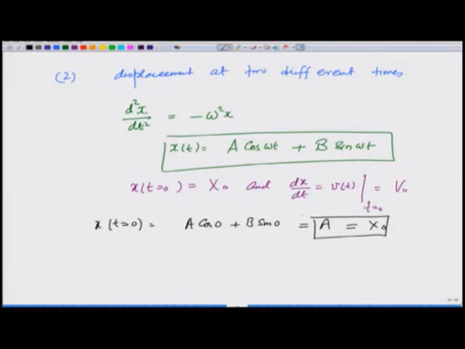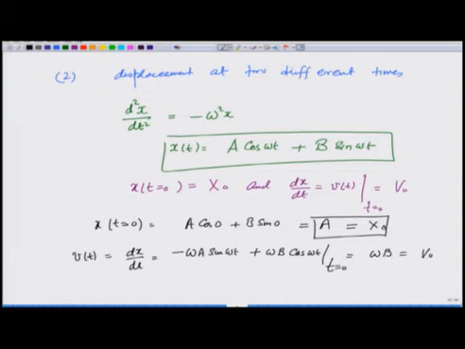Similarly, v(t), which is dx by dt, is nothing but minus omega A sine of omega t plus omega B cosine of omega t, and at t equal to 0 this is nothing but omega B, and this I have been given to be v0, and therefore, B is v0 over omega.